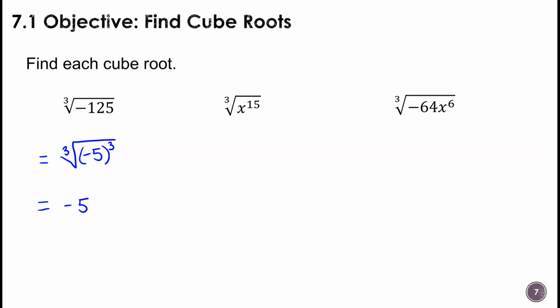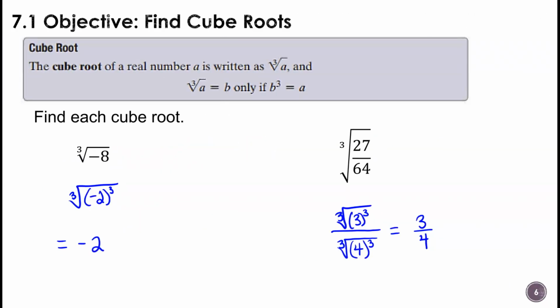We want to write x to the 15th power in terms of a cube. So it would be x to the 5th cubed, because 5 times 3 is 15. So basically I'm just splitting it in such a way that I can find the root, and that would be x to the 5th.